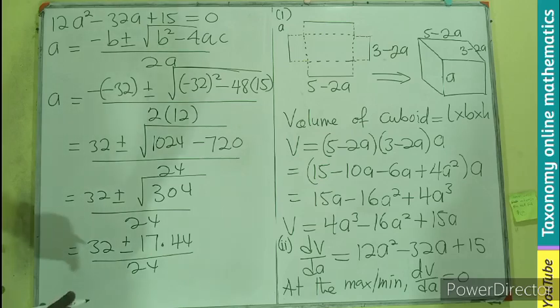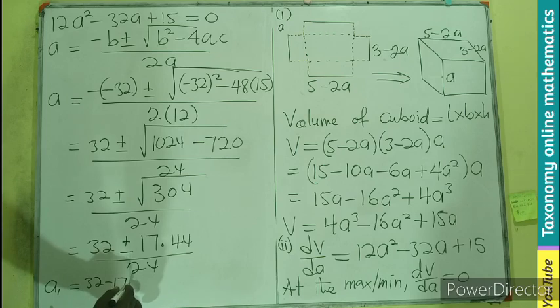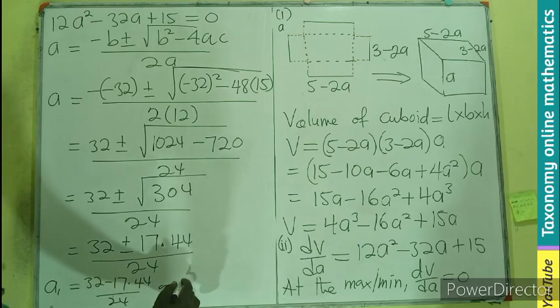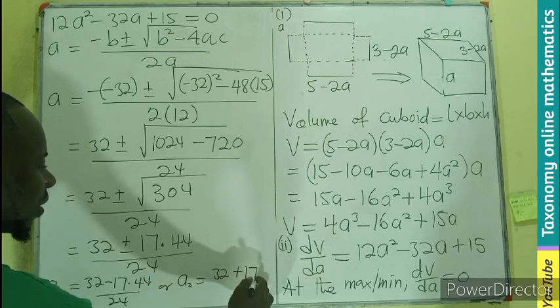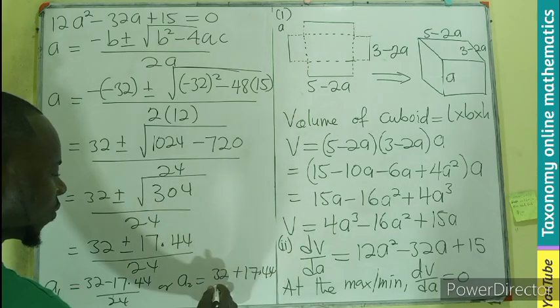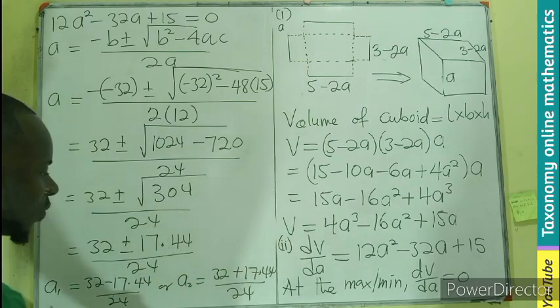So the next thing is to pick the first one to be our A1, which should be 32 minus 17.44 divided by 24, or our A2 equals 32 plus 17.44 divided by 24.